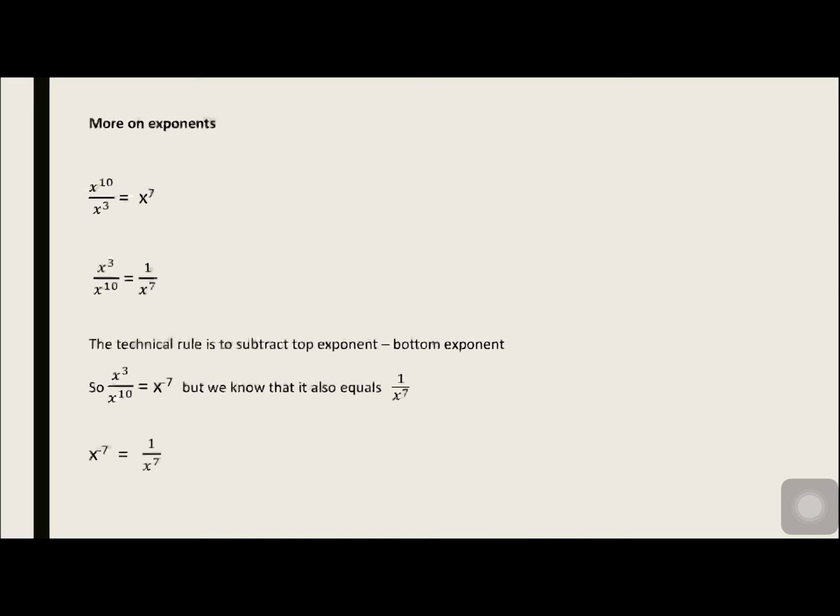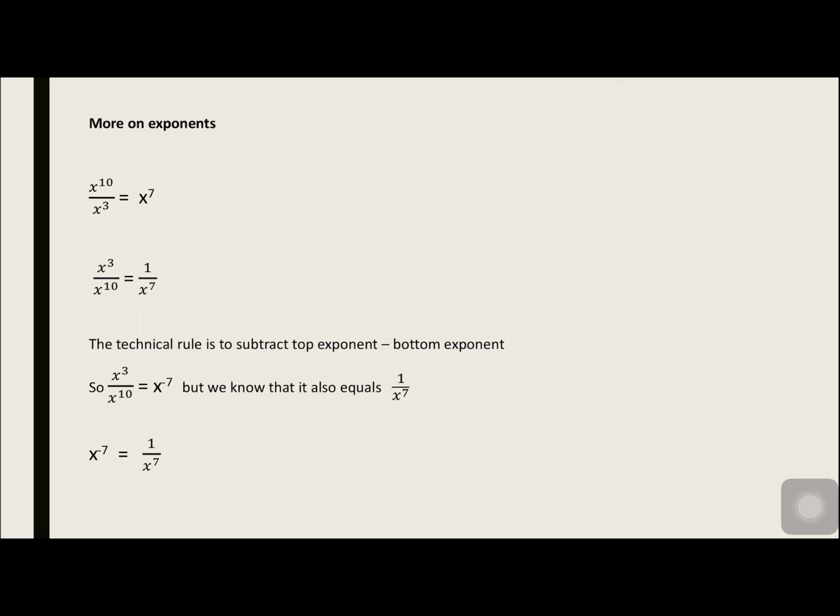More on exponents. X to the 10 divided by x to the 3rd, we subtract. 10 minus 3 is 7. The power's bigger on top, so we have x to the 7. But x to the 3 divided by x to the 10 would be 1 over x to the 7. 10 minus 3 is 7, but this time the bigger power is at the bottom.